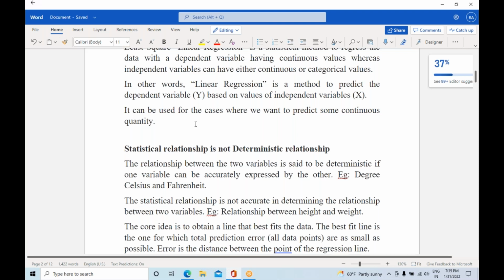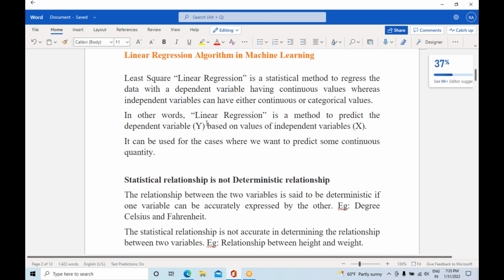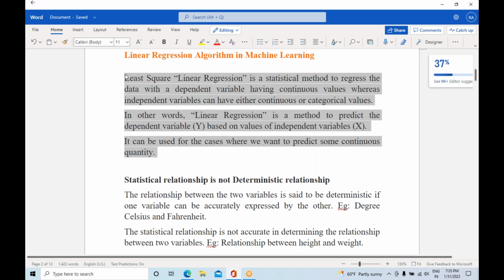It can be used for cases where we want to predict some continuous quantity. Whenever you want to predict some kind of continuous quantity data, in that situation this is the linear regression we would like to use. This is what linear regression is, an introduction.